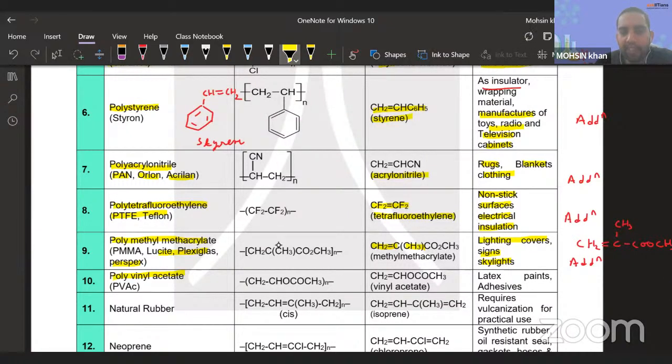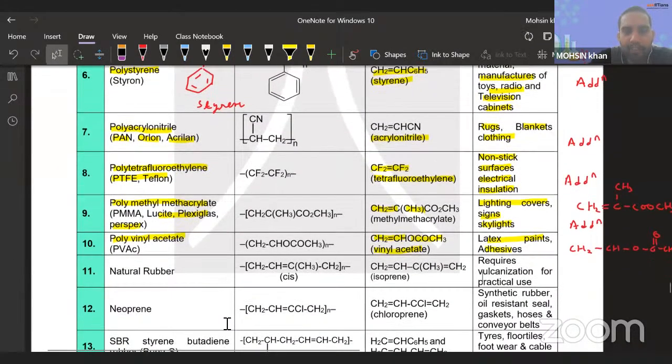Polyvinyl acetate, PVAc: here the unit is CH2 double bond CH OCOCH3. This is the structure, and this compound is known as vinyl acetate. It is used in latex paint and adhesives.